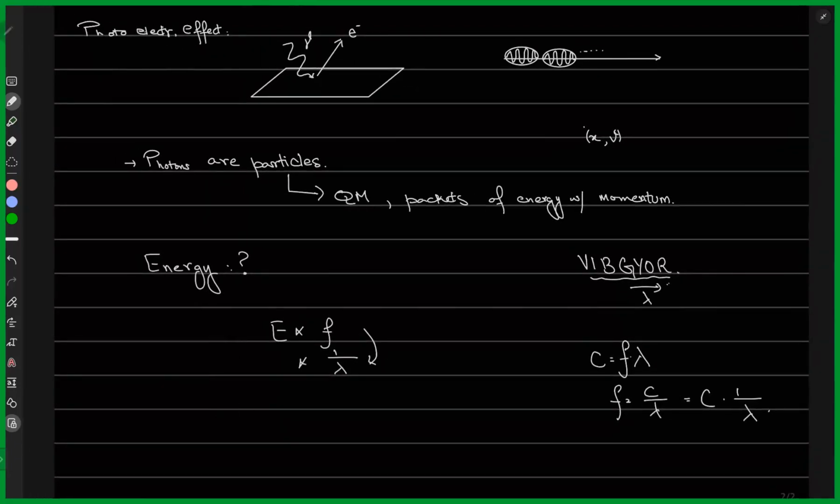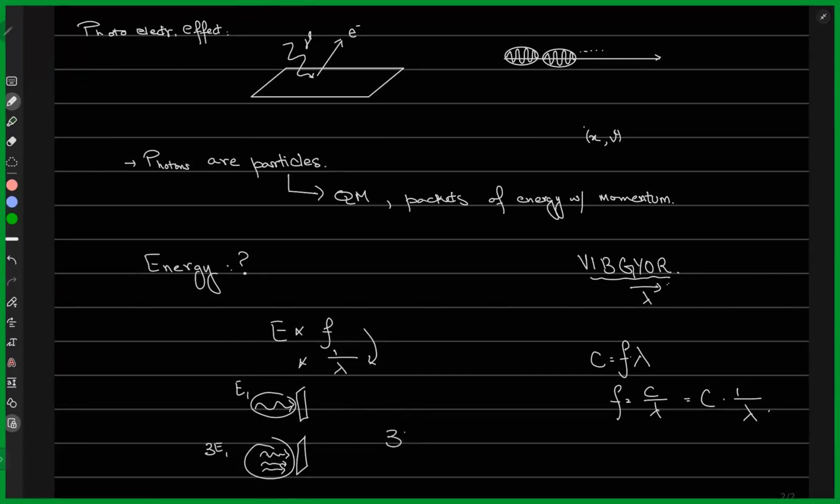If I have multiple photons, so for example, if I just throw a single photon on a surface, and let's compare it to another one where I throw 1, 2, 3. This one has some energy E1, and this one has E1 plus E1 plus E1, so 3 times E1, right?